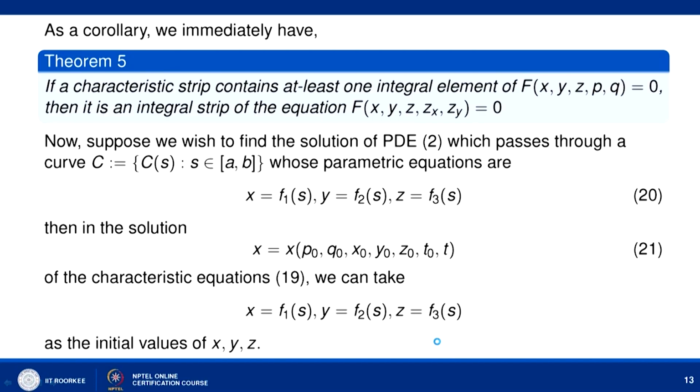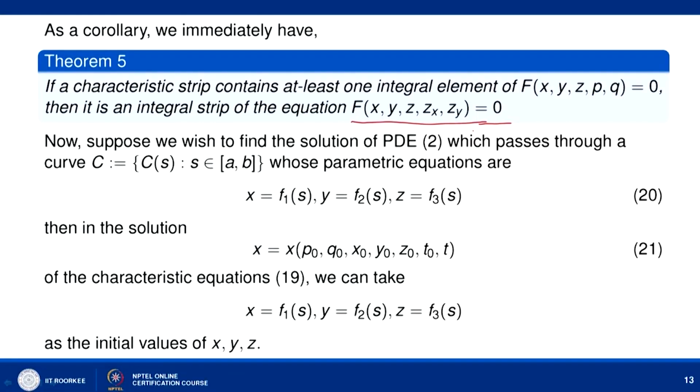So, if the characteristic contains such a tuple, then of course the strip is an integral strip. It means the value of f of x y z p q equals 0 along the characteristic for all values of t, right.